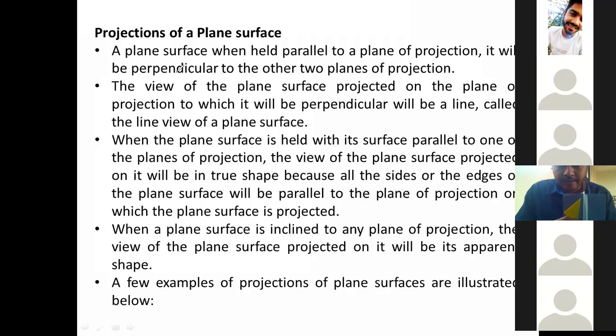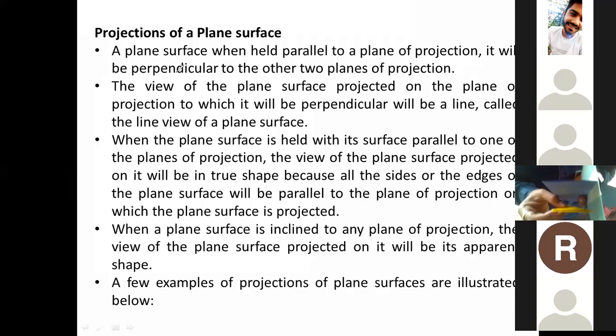Again, if you want to see the top view, then what will you be able to see? Again, a straight line. Fine. And now I am holding this object parallel to this again in the same position.